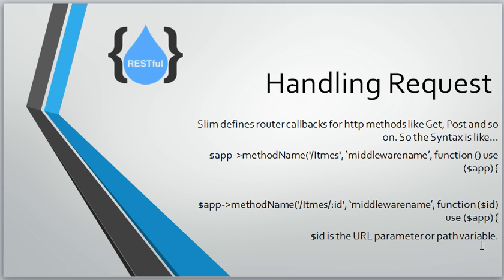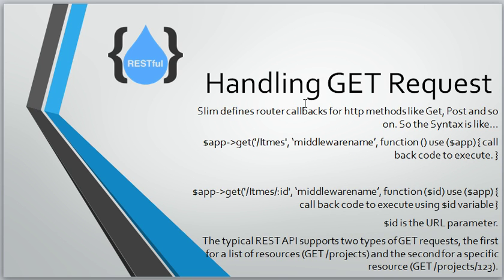Let's see how to retrieve the items data by using the HTTP GET request with URL /items. Here item can be anything like books, files, employees, projects, students, etc. In the first example, when the URL ends with /items with the HTTP GET method, the callback code inside the function will get executed.